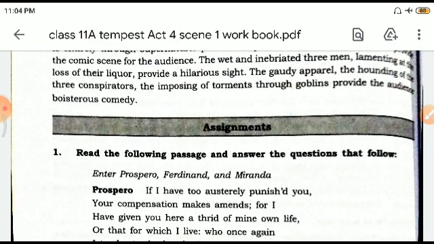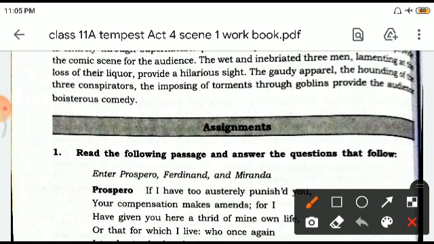The subplot was the love between Ferdinand and Miranda, and Prospero sees that, and feels delighted that Ferdinand, being a good boy, a very nice one, and Miranda is happy in his company. And that is just what every father wants. So his mindset now changes from revenge to reconciliation, right?